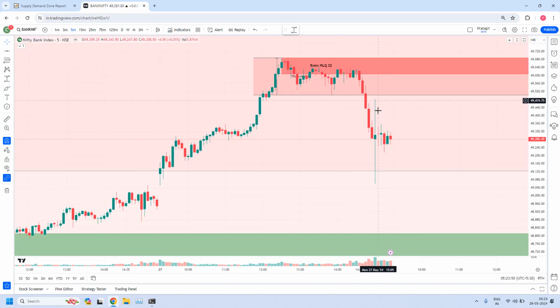Maybe in this candle, which supply zone is violated. Okay, fine.